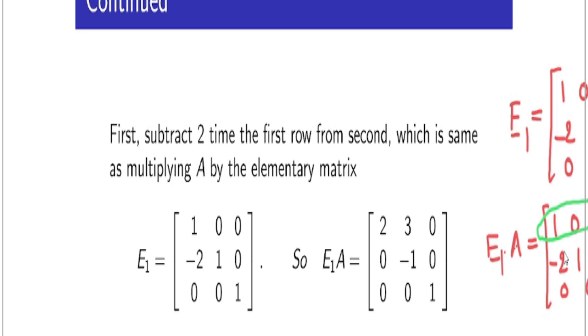First element of the row into first element of the column, second element into second, third into third. Similarly, continue this process for the second column and third column. We get 3 and 0.